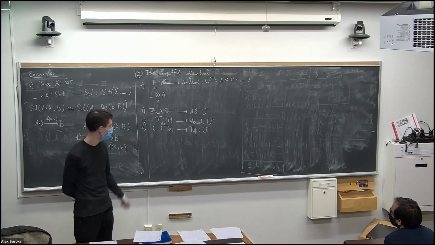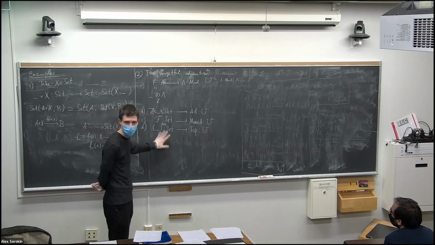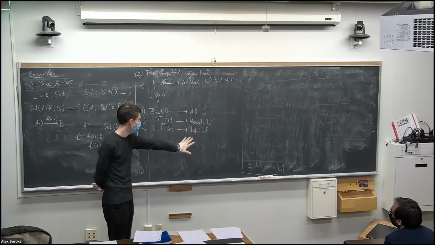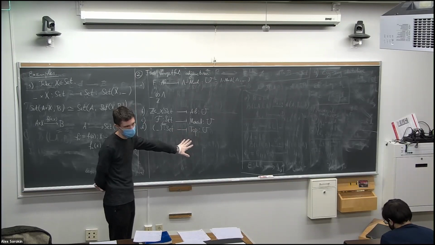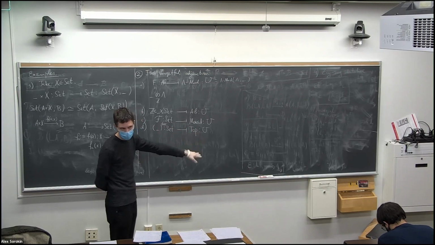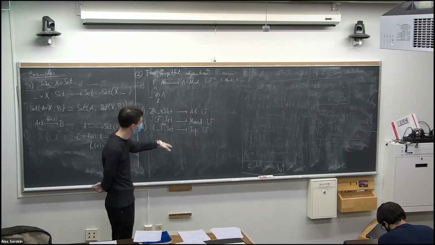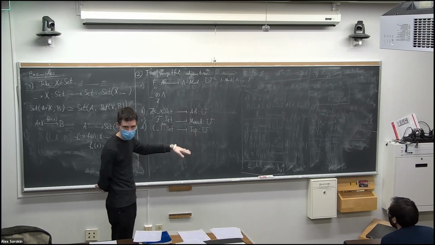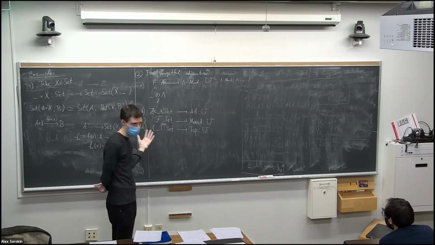So every function from a discrete topological space to any topological space is continuous. And conversely, if you have a function between two sets, it can be made into a continuous function, assuming that your domain has discrete topology.